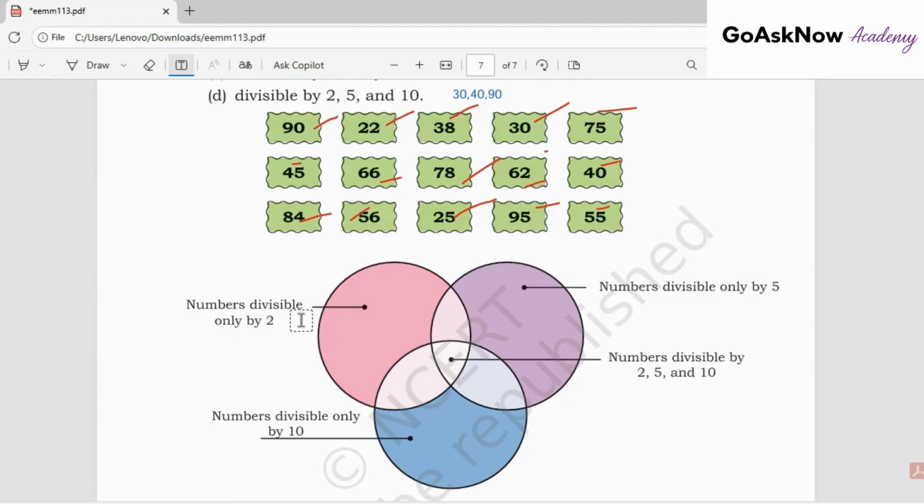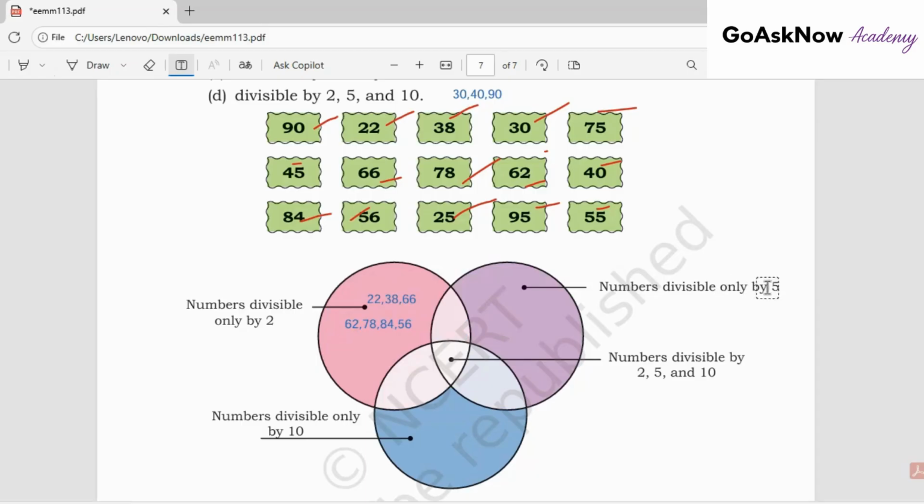Now let us draw these things. Write the values in the diagram. Divisible by 2 only: 22, 38, 66, 62, 78, 84, 56.